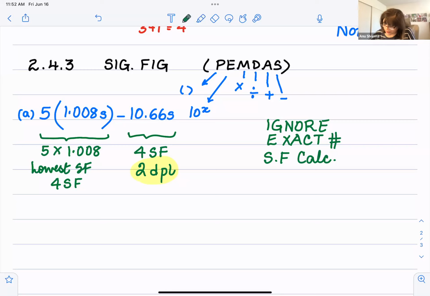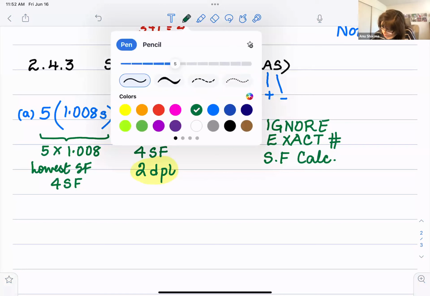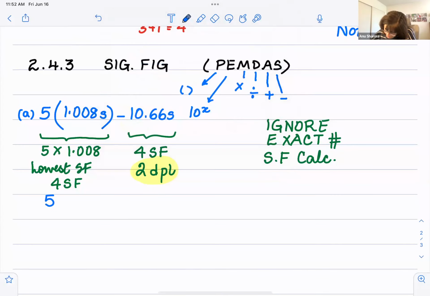All right, now we are doing this 5 multiplied by 1.008, and here you have 5.04. From my calculator, it is showing that, but the lowest significant figure, that's an interesting one.